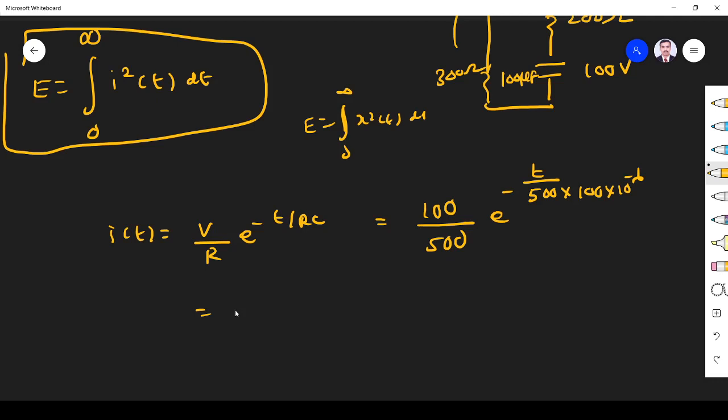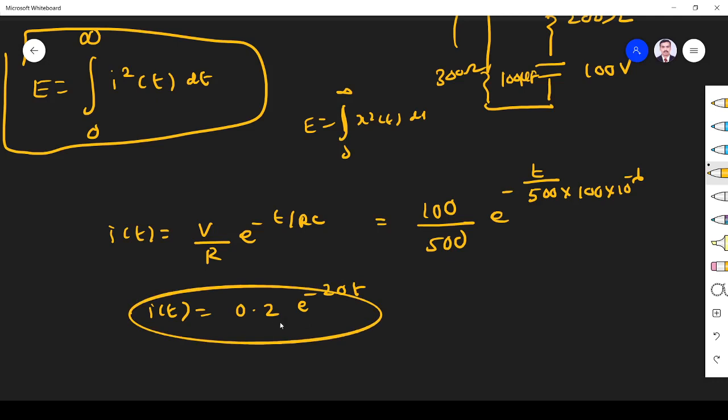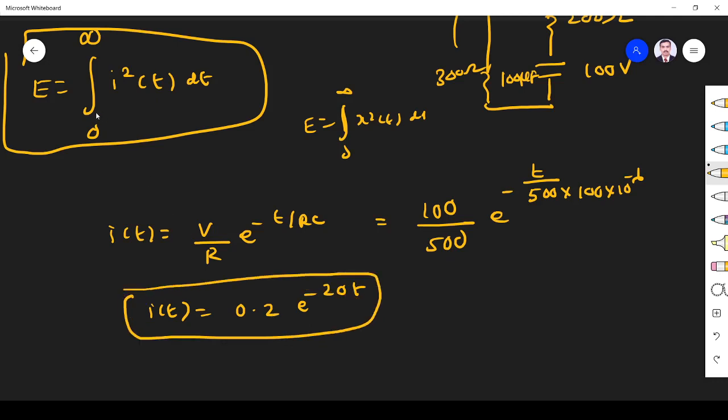So what we get is 0.2 e power minus 20t. This is the current through the capacitor in steady state. What I want is the energy. E is equal to the integral of I square dt, from 0 to t. I is nothing but 0.2 e power minus 20t.